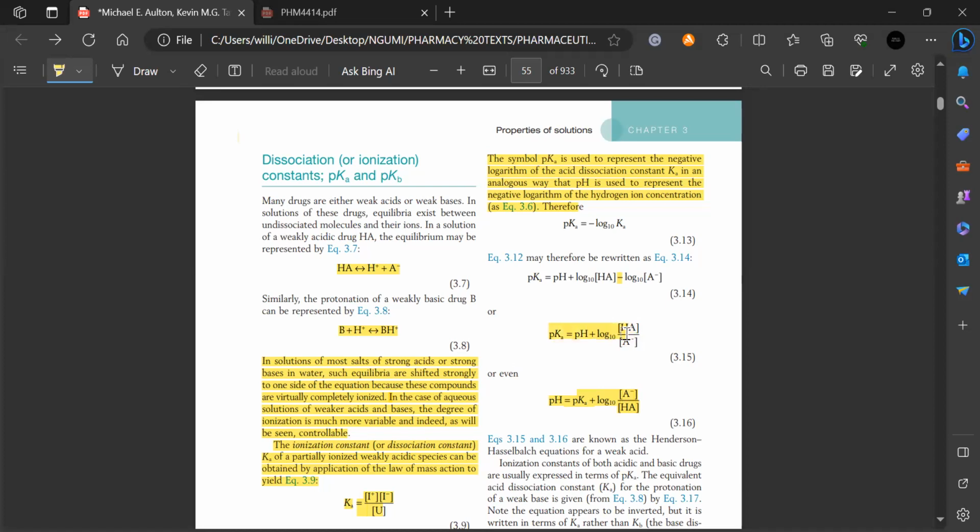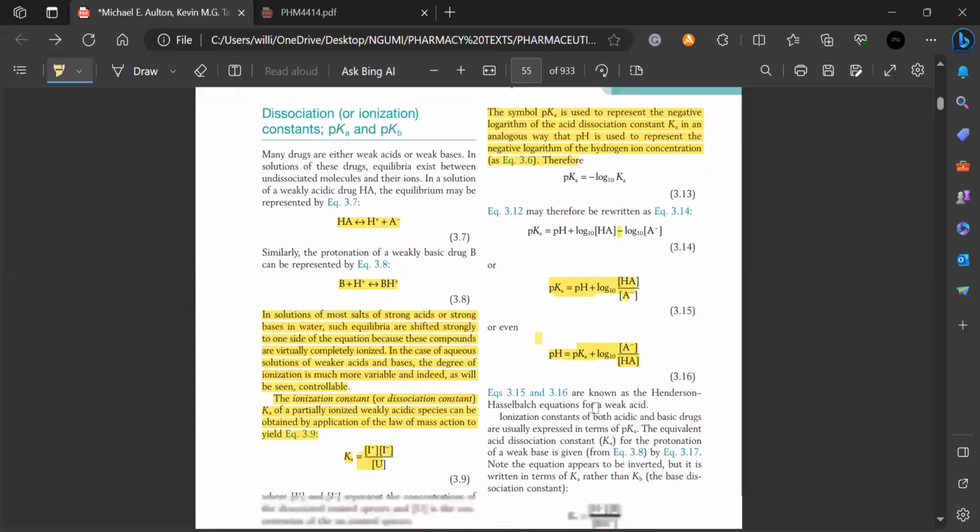And then if we take the equation on one side and everything else on the other side, we can just do a reciprocal. So it will be pKa on this side, plus log 10 of the reciprocal, A minus over HA, which we get here.